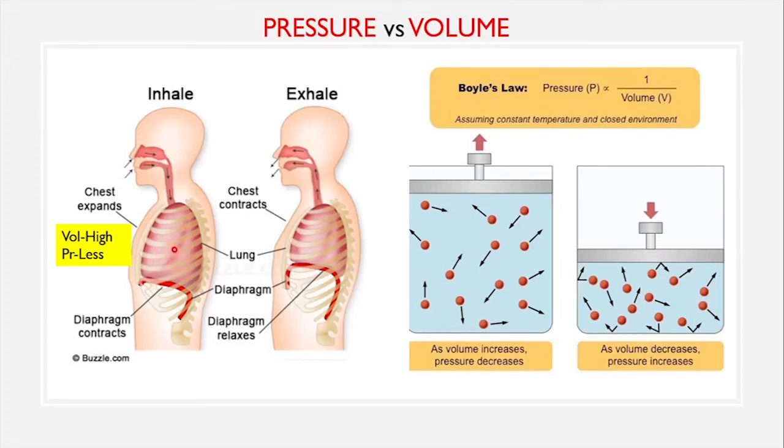So as the pressure is less in the lungs, air is taken into the lungs, that is during inspiration or inhalation. If you come to this diagram, here the pulmonary volume is less. That means the pressure is high. Intrapulmonary pressure is high, so air tends to move out of these lungs and it is sent out of the lungs into the surrounding atmosphere. This is the relationship between the pressure and volume.